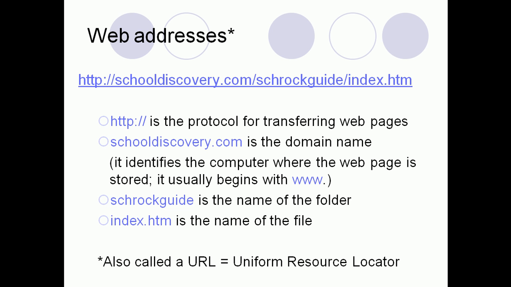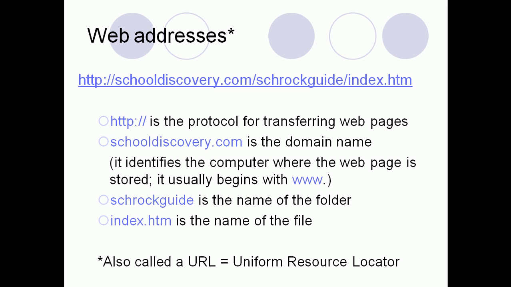Now let's look at web addresses and how to identify some portions of a web address. Web addresses are also known as Uniform Resource Locators or URL. For example, if you have http colon blah blah blah schooldiscovery.com blah blah, http colon double slash is the protocol for transferring web pages, and the domain name is schooldiscovery.com.